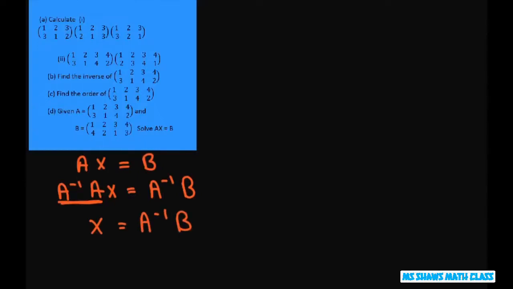So therefore, the inverse of A, remember we did that: 1, 2, 3, 4, and then just write this backwards. So this would be 2, 4, 1, 3. So that's your A inverse.